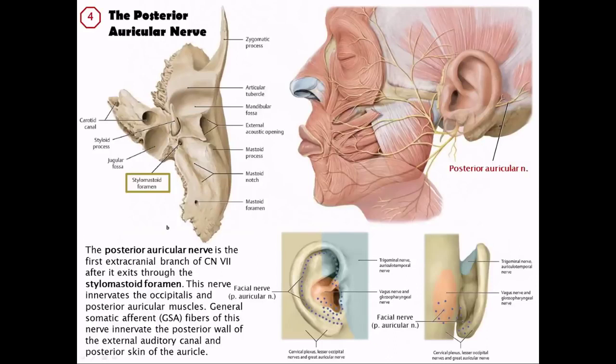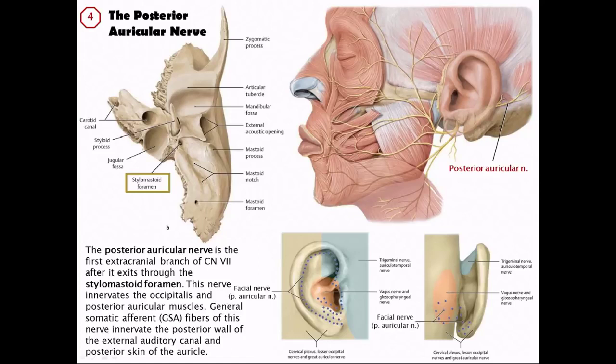The facial nerve exits the base of the skull through the stylomastoid foramen of the temporal bone. This foramen is named because of its location between the styloid process anteriorly and the mastoid process posteriorly. As soon as the facial nerve exits the stylomastoid foramen, it sends off a branch posteriorly that tracks behind the ear called the posterior auricular nerve.